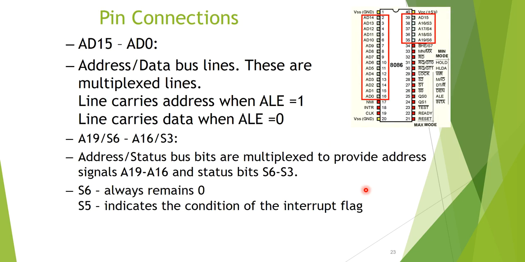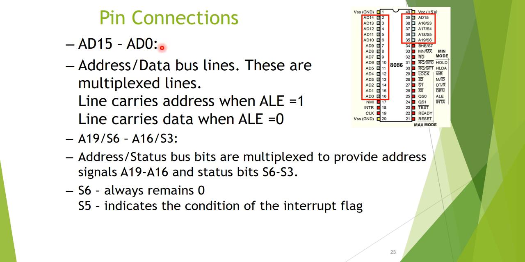Now we consider first the general signals. As we know that in the 8086 microprocessor we have the 20-bit address lines and we have the 16-bit data lines. Now again the 16-bit data lines are multiplexed with the 16-bit address lines. So the A0 to A15 address lines are multiplexed with D0 to D15 data lines.